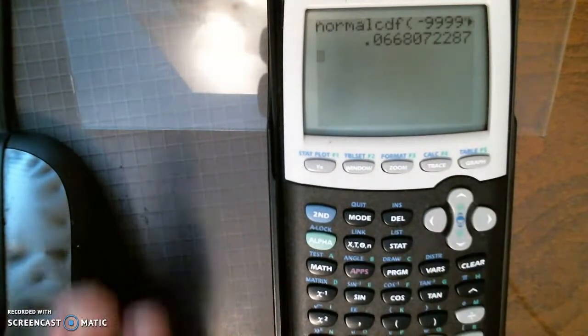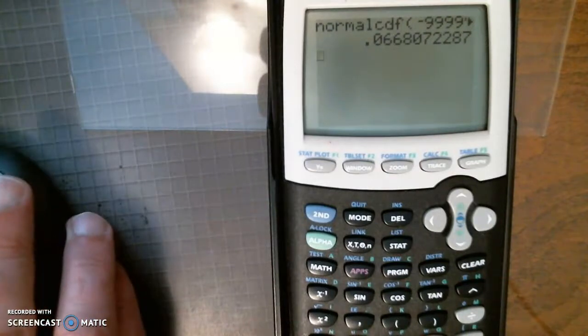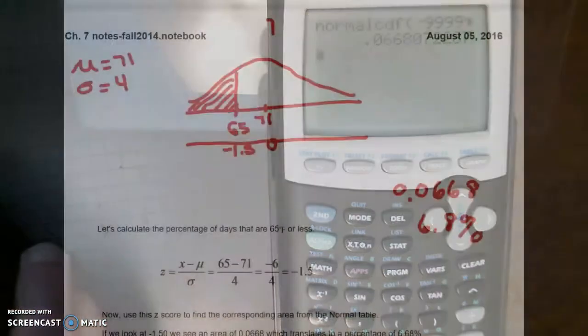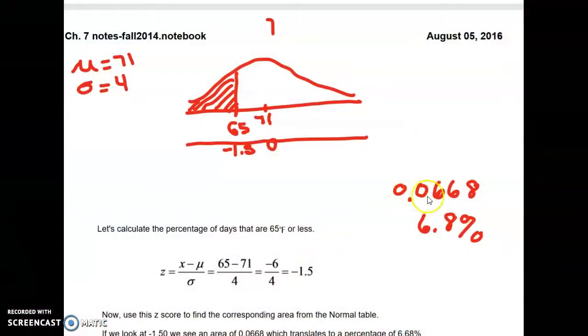We hit enter, and there's our 0.0668, which is the same thing that we got right here, 0.0668. So as a probability, this is 0.0668. If it asks what's the probability of landing in this region, that would be 0.0668. If it says what percent of days, it's 6.8% of days. Just move your decimal place 2 places over. Pretty simple.